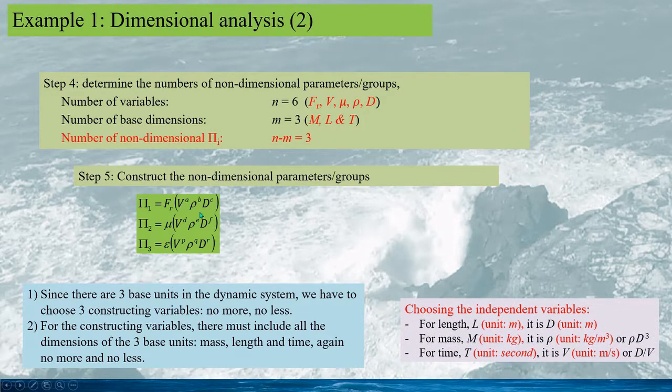When we choose these 3 constructing variables, we can see that for the length, L, unit meter, it is the diameter of the pipe with the unit meter. For the mass, unit kg, it is the density of the fluid, unit kg per meter cubed, and it can be given by rho d cubed.